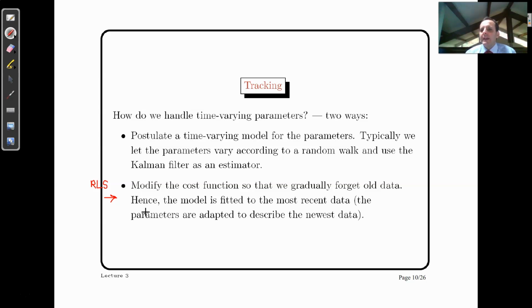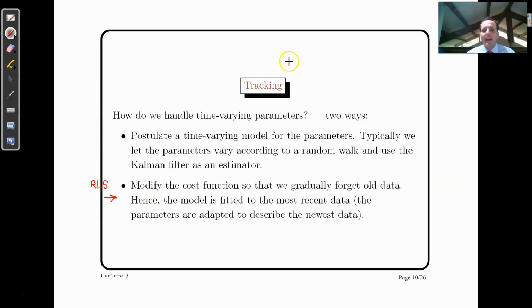A process can change due to a variation in its working condition, which is one motivation, and the second one, as we mentioned, is due to a fault. So for one of these two causes, we need to forget the older data, because as we mentioned at the beginning of this lecture, if the model is changing, the past data are no longer valid.